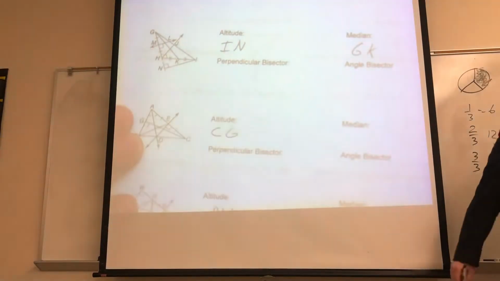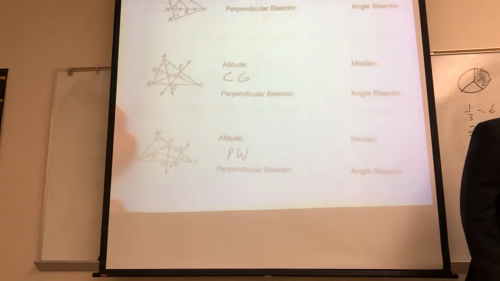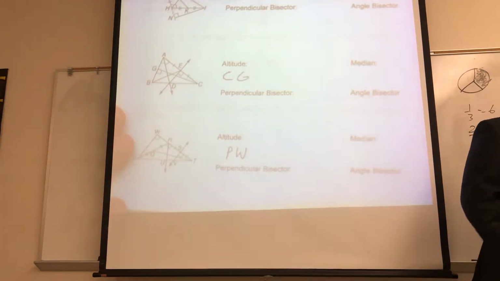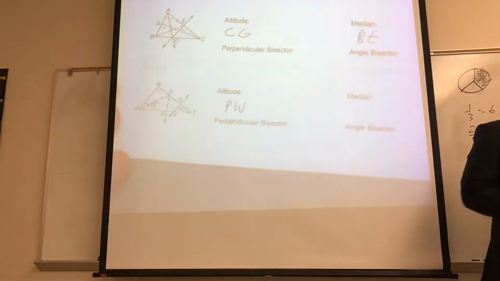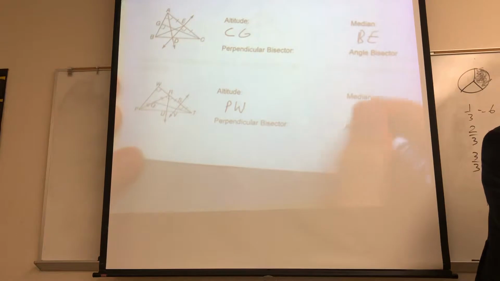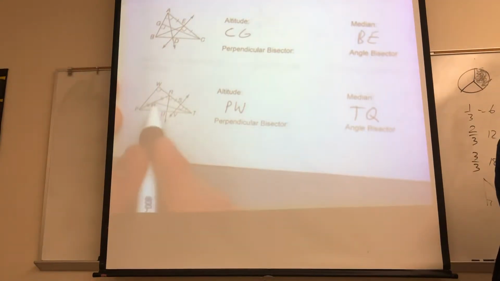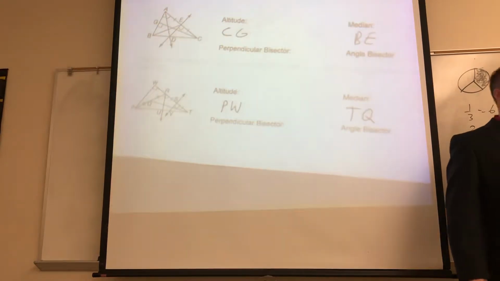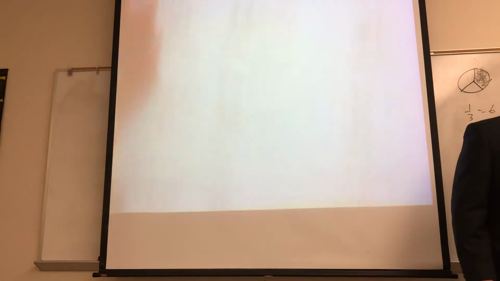It's kind of hard to find with all of the lines through the middle of that one. The median on the next one should be BE. And then the median on the last one here should be TQ. So again, it goes from a vertex to a midpoint of a side. It doesn't always go at that perpendicular angle. It's just going to get there.